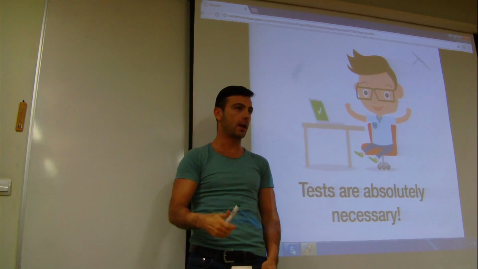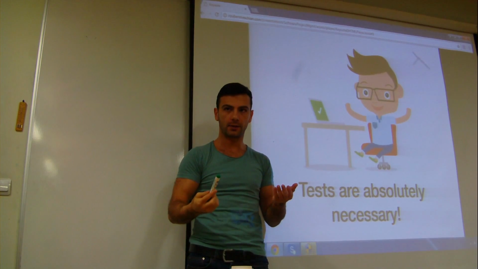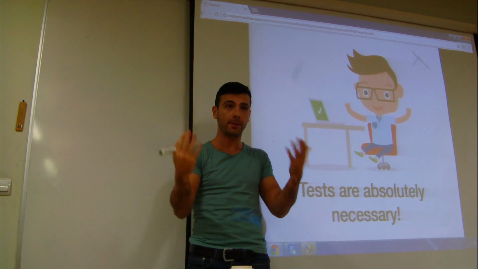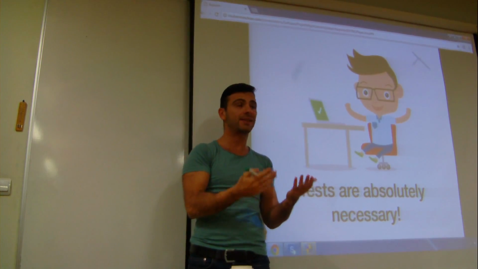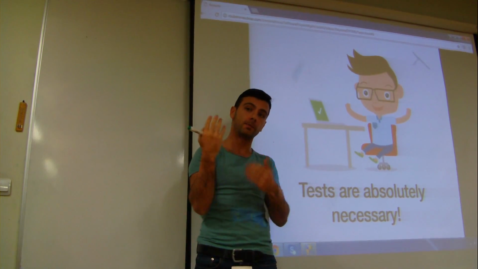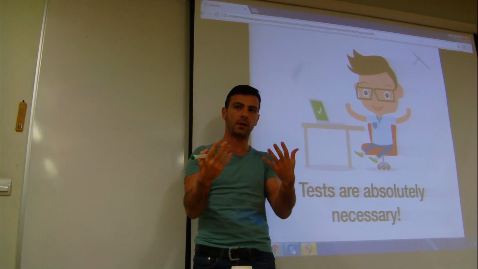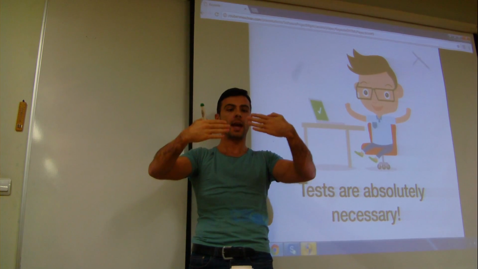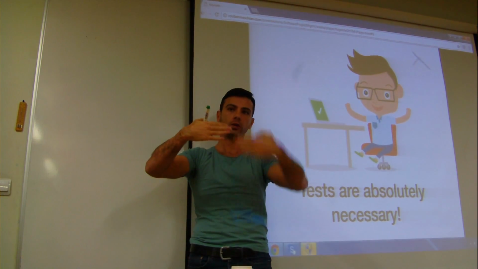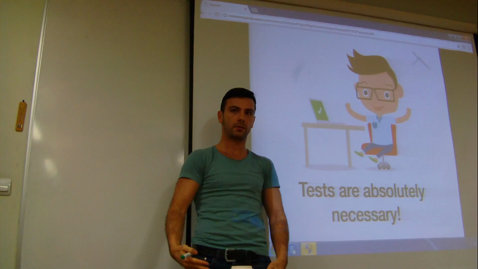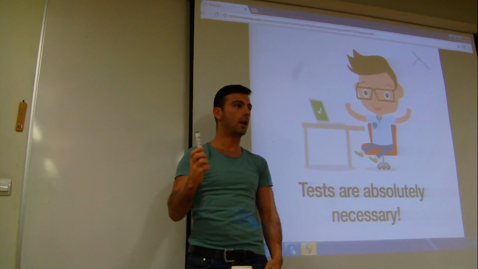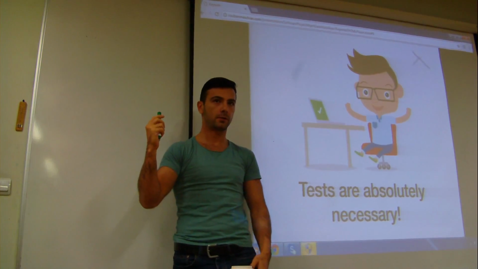But if you're building a product that's going to actually do something important, correctness is kind of important. And if correctness matters to you, then tests are necessary. Correctness and testing go hand in hand. If you don't have one, you don't have the other. Okay, John. Cool. Other questions? Keep going.